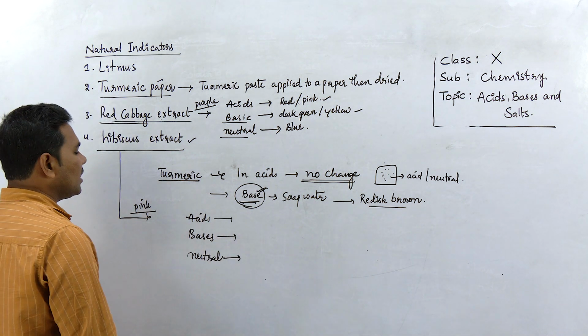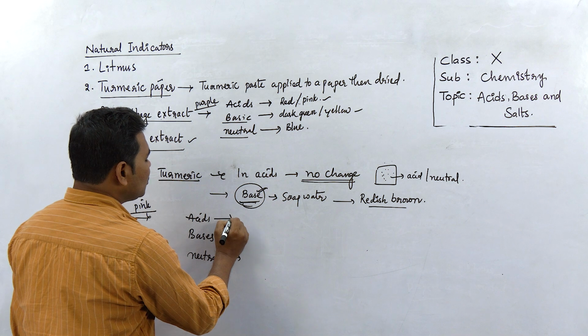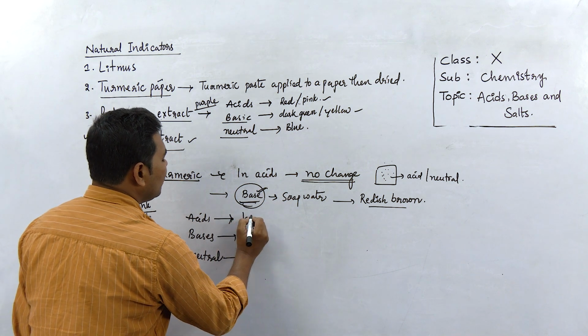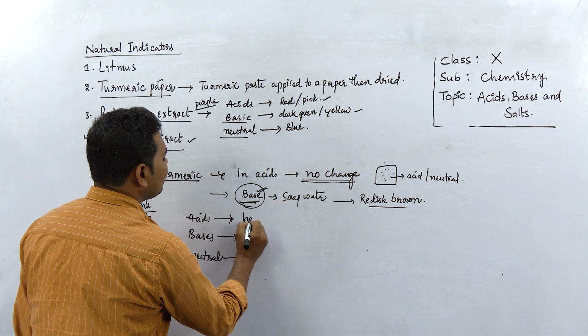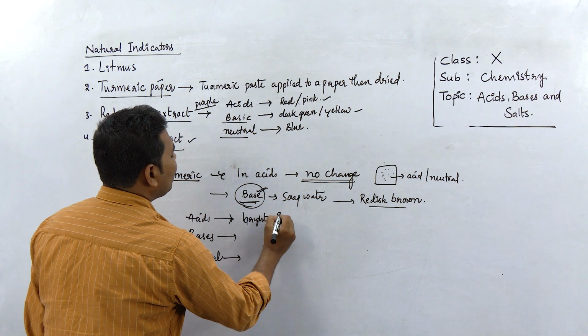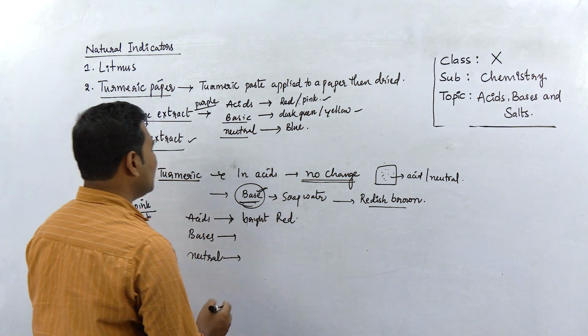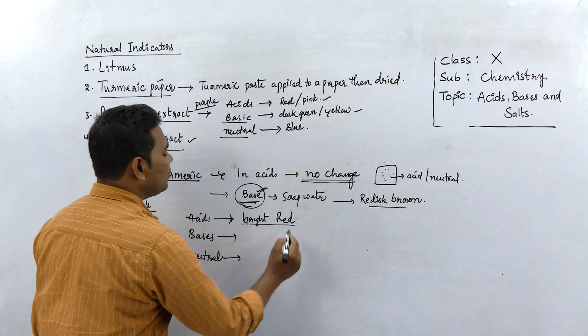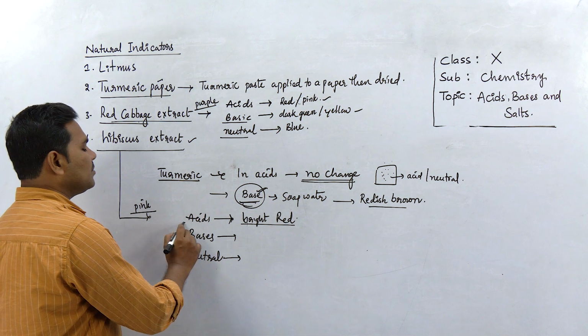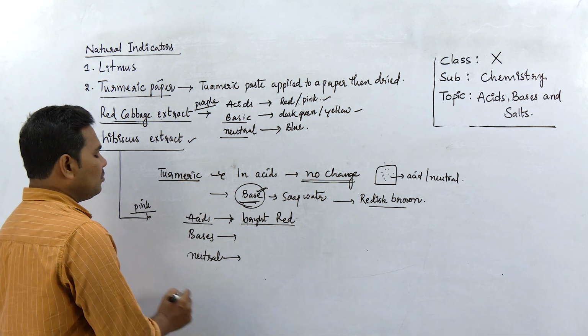Hibiscus extract changes its color. In acid solutions, the color changes to very bright red. So the substance that changes the hibiscus solution into bright red color is identified to be an acid.